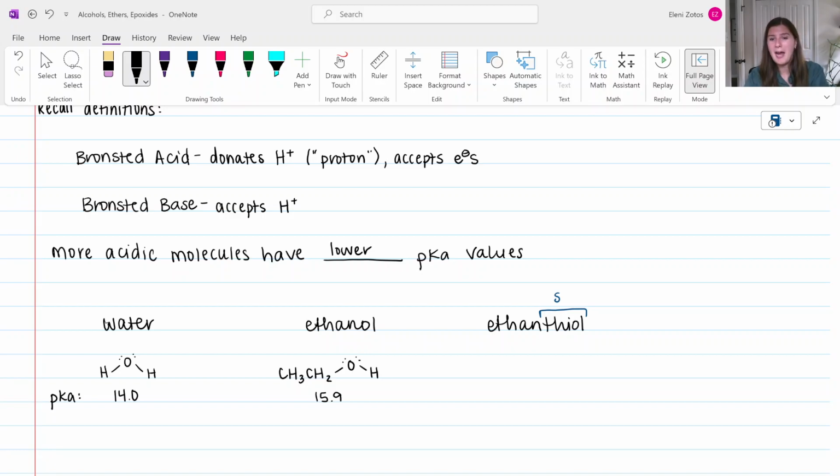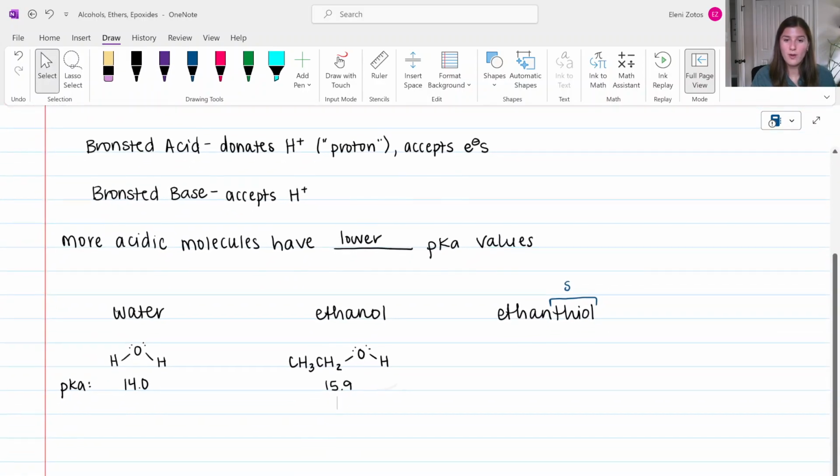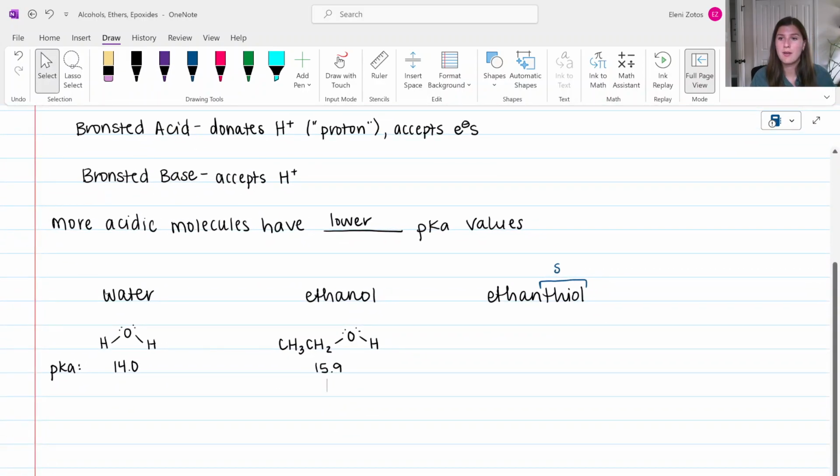Let's think about that in opposite terms. If we're thinking about what makes a proton more acidic, if we have something in the molecule, and we'll talk about that in a little bit, that pulls electron density away from the hydrogen, that makes it more acidic. It has a stronger partial positive charge. It's more attractive to a base molecule. So that makes a molecule more acidic.